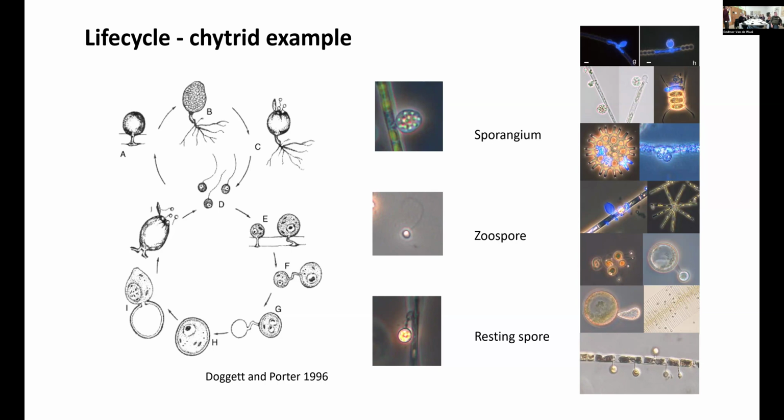So of course the life cycles are different for the different taxonomic groups or species, but I'm just showing now the chytrid example, where you have a combination or two possibilities of an asexual life cycle and a sexual life cycle. The asexual one is that the zoospores actively swim, find a host through chemotaxis most likely, and attach to the host.